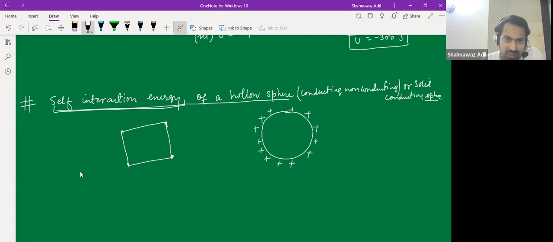Clear? We put all the charges on this sphere, so there would be some work done in bringing all the charges from infinity to this point. That work done is stored in the form of this self-interaction energy, or what we call the potential energy. Understood?